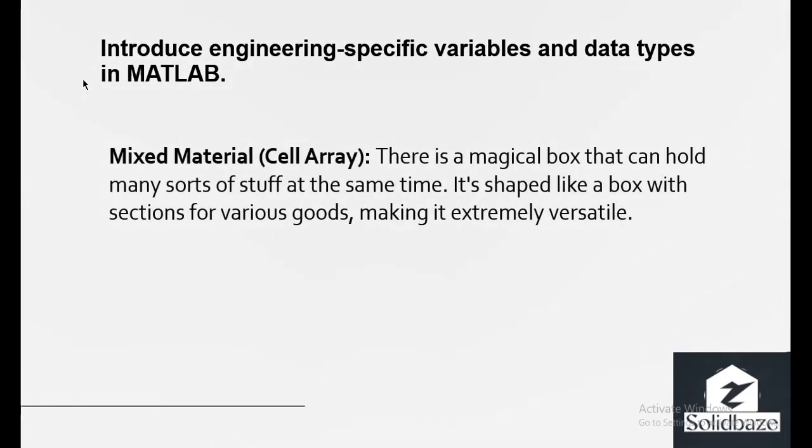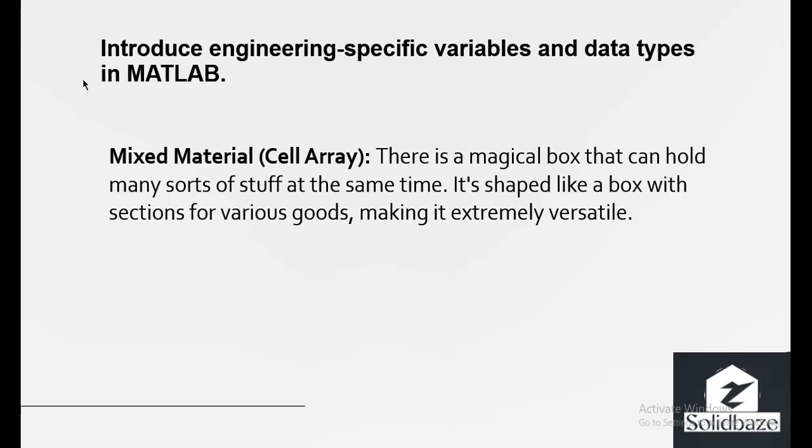Then we have mixed, we have cell or array, and in this type of data type, there's a magical box that can hold many sorts of stuff at the same time. It's shaped like a box with sections for various goods, making it extensively versatile.